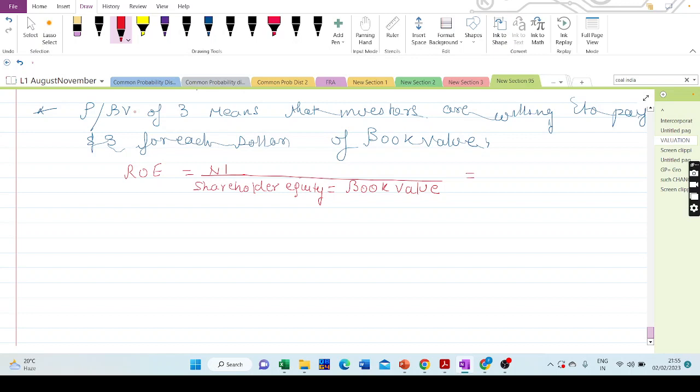So your net income was 200, your shareholder equity or your book value was 1000. So your ROE is 20%. I've already told you the interpretation of this number. What is the interpretation of this number? Please tell me really fast.